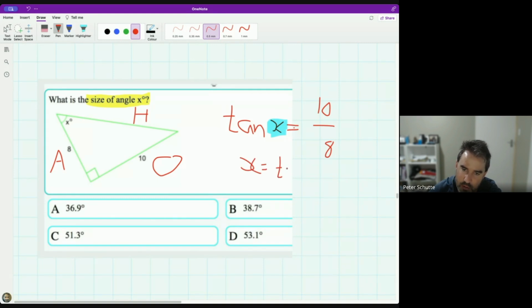So the way we write inverse tan on our calculator is it's just like a little -1 there, and we go 10 over 8. So what do I get? So shift tan, fraction button, 10 over 8, close brackets, and I get 51.34. So if I was rounding that off, I would get 51.3, which would be option C.